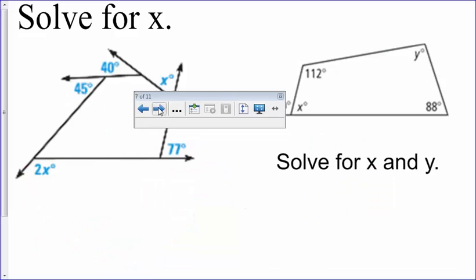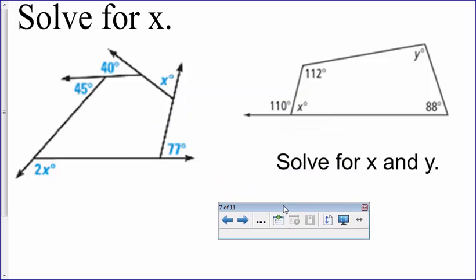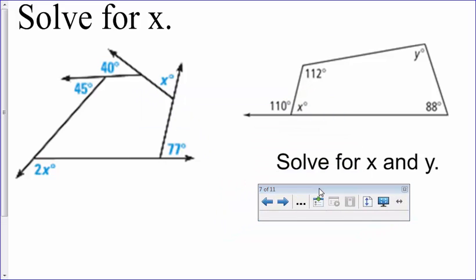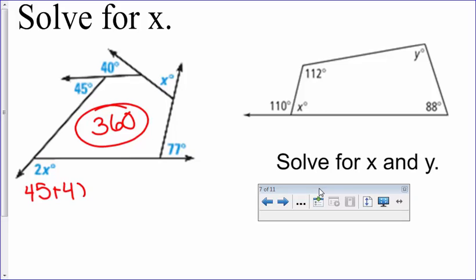All right, moving right along. Now, the one on the left, if you notice, they have exterior angles. So remember, the magic number for exterior is always 360, no matter the number of sides. So what we're going to do is just write our equation, 45 plus 40 plus x plus 77 plus 2x should always equal 360 because they're on the outside.